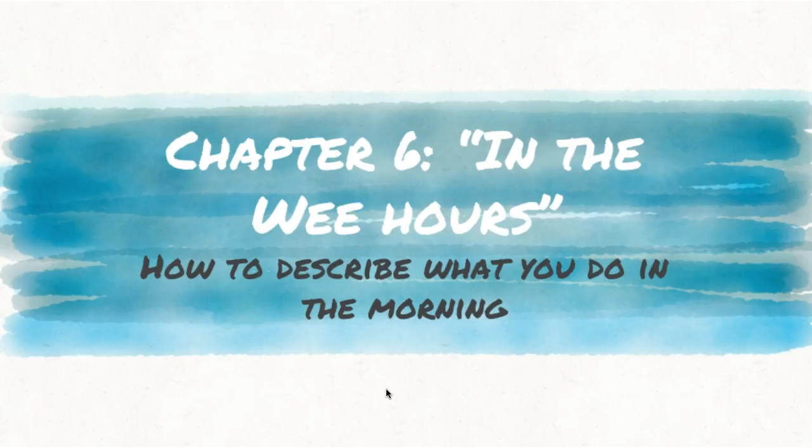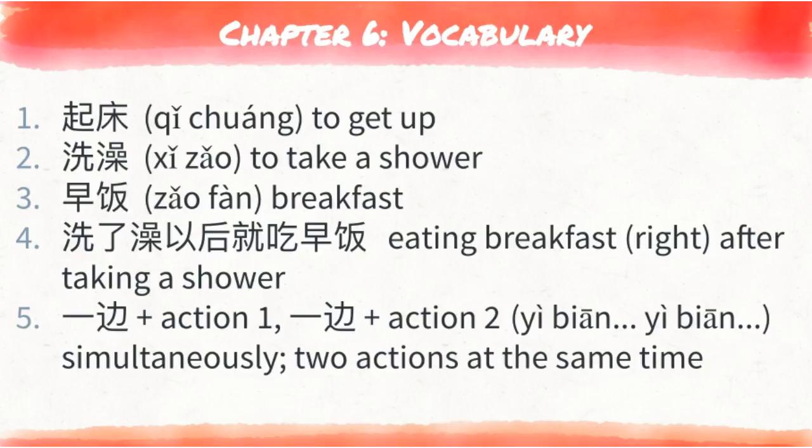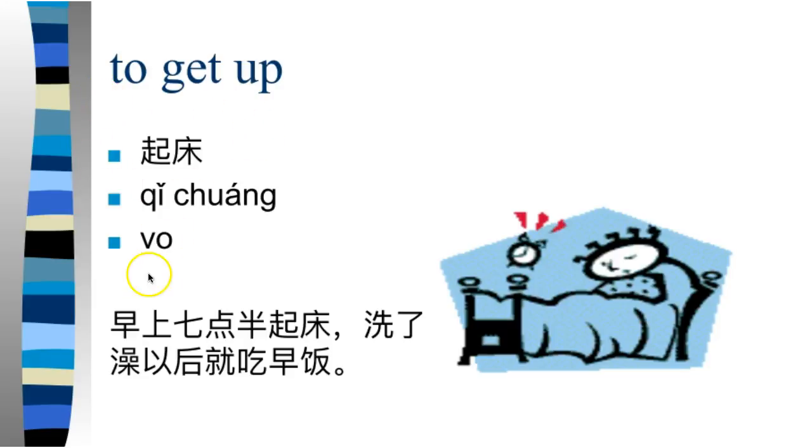今天我们要学习我们早上做什么。我们看一下，第一，起床。第二，洗澡。第三，早饭。第四，洗了澡以后就吃早饭。第五，这是我们今天的新的语法点，一边什么什么什么，一边什么什么什么什么。我们的第一个生词是起床。This is a verb object to get out of bed, literally. 床 is a bed.